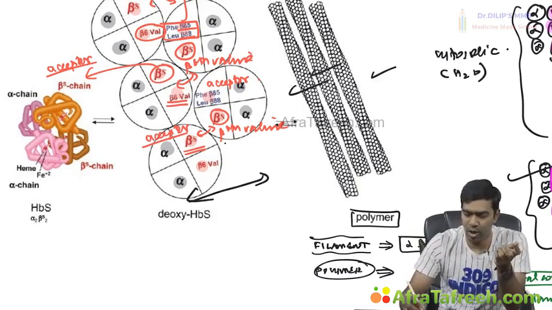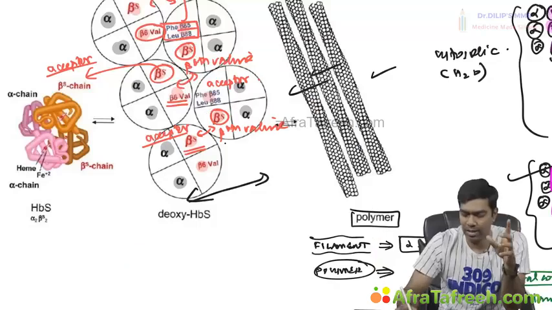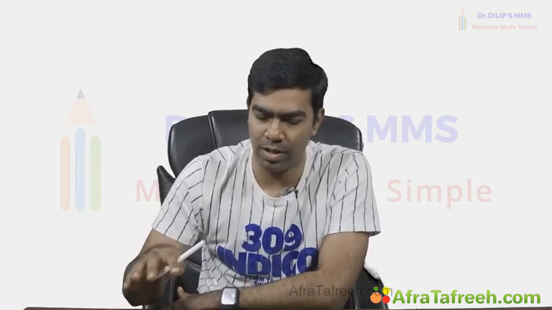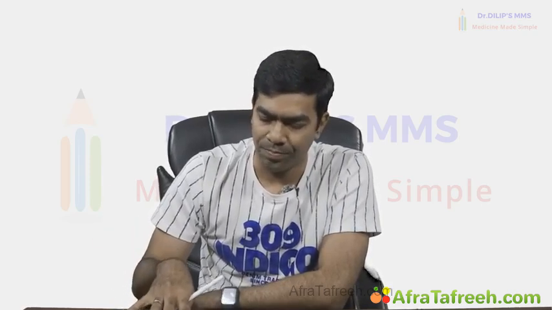So you are going to get a lot of these polymers of hemoglobin molecules, sickle hemoglobin aggregates, and they are going to precipitate, and this precipitation of the sickle hemoglobin molecules is the one that is going to cause this characteristic sickle RBC, and this characteristic sickle RBC is what we call a drepanocyte in pathological terms. So drepanocytes we have discussed already in the basics of the red blood cell in the earlier section itself, but anyway, this is what we call a drepanocyte. This is the reason why they form sickling and all these problems.